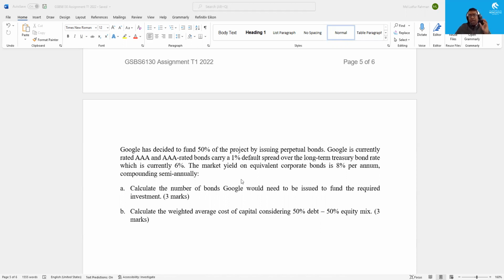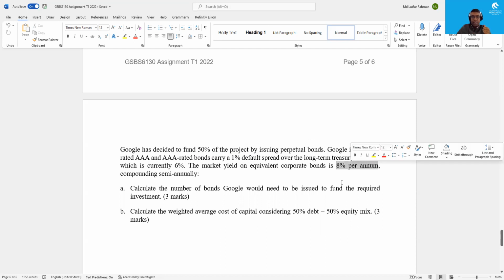Look, we learned about this default risk earlier, and we discussed that when a bond has higher default risk, it should have a higher coupon rate. So this is pretty straightforward information. I think some of you couldn't get this though, that long-term treasury bond rate currently is 6%. You know that treasury bond is risk-free, whereas this is a corporate bond issued by Google. It has a default risk and it should have a 1% default premium, which means that the coupon rate should be 7% and the discount rate is 8%.